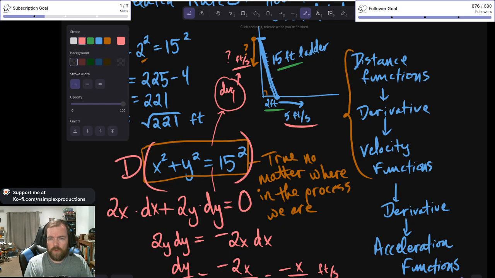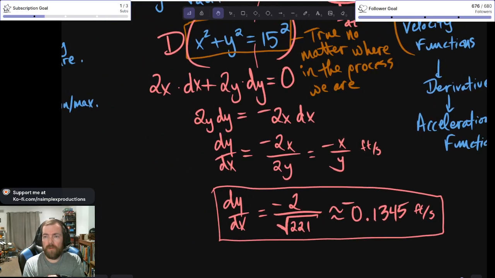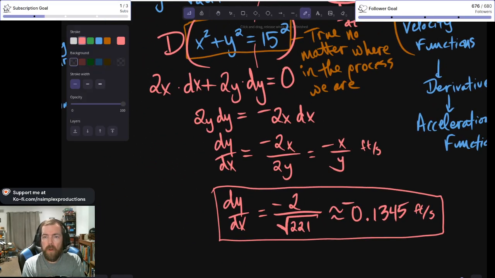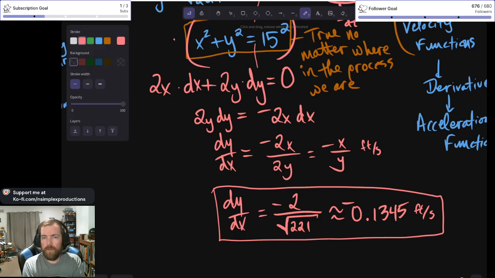This is dy, if I thought about this carefully, dy dt. And this one down here, 5 feet per second, is dx dt. So here we do actually see that this should be, in fact, not the generic derivative, but rather the derivative with respect to time, d dt.